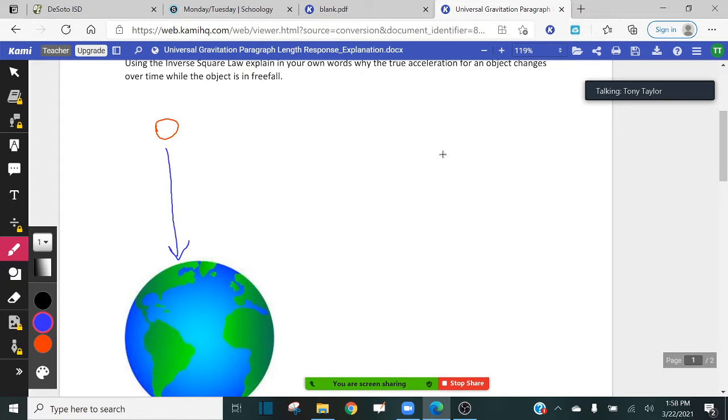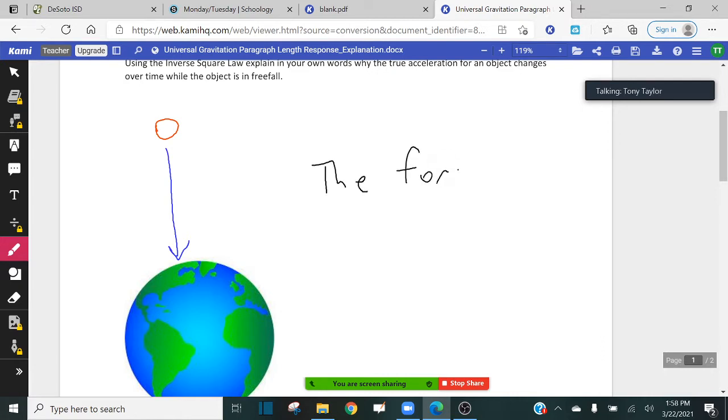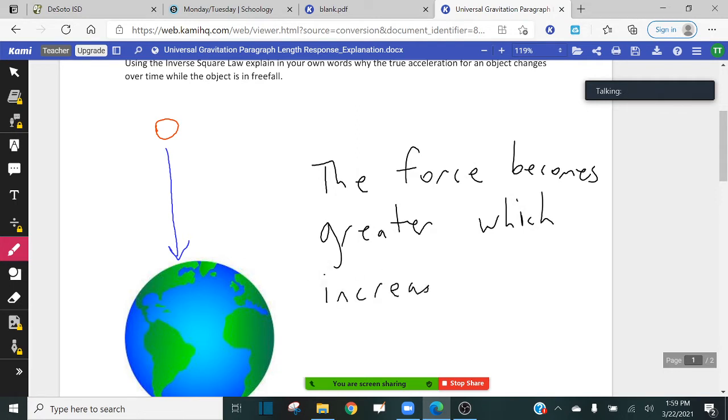So I'm going to write that down. As the ball gets closer to the Earth, the force becomes greater, which increases the object's acceleration.